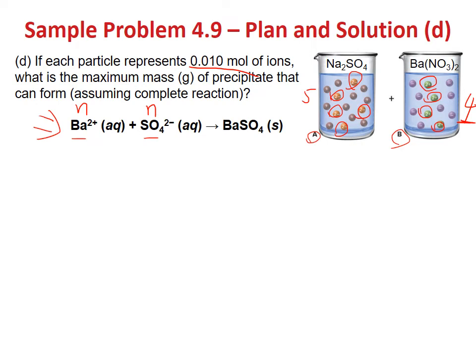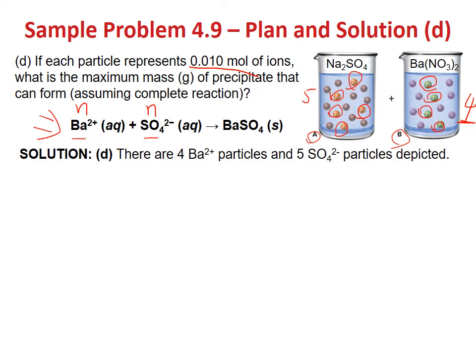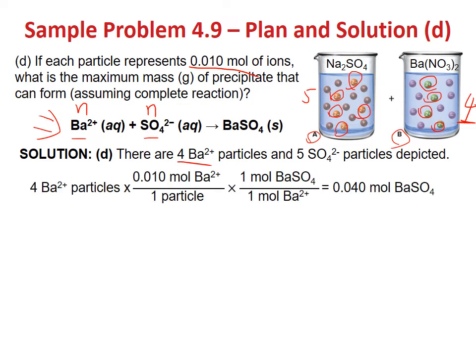Okay, so let's start with barium. Barium, we already counted 4 particles, and we calculated the number of moles. So 4 particles, and 1 particle is equivalent to 0.01 moles. So particles cancel, giving you moles of barium.